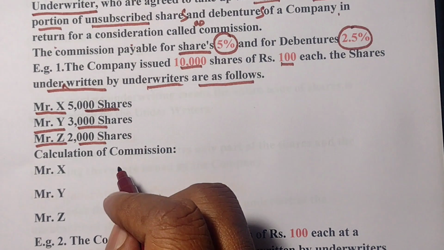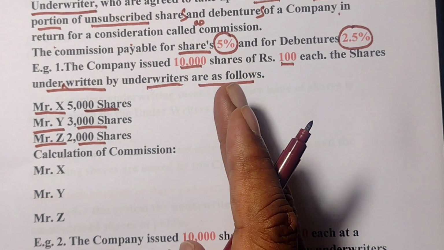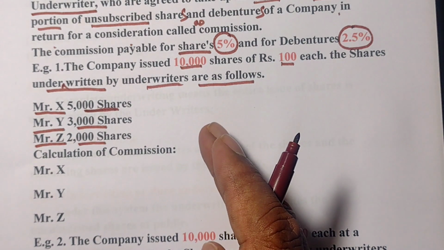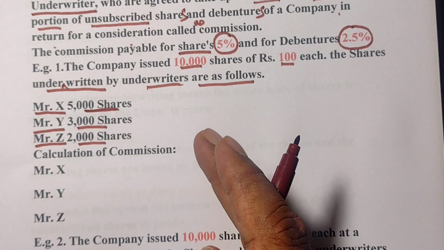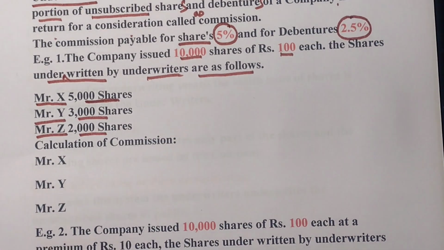Now, the calculation of commission. How will that commission be calculated? I have shown two different examples here: when it is issued at face value and when it is issued at a premium. Let us see one by one.